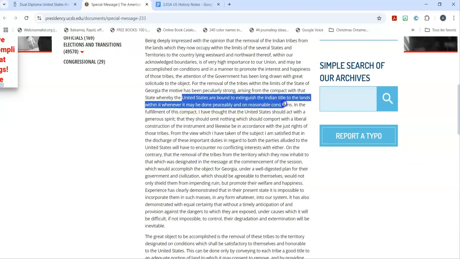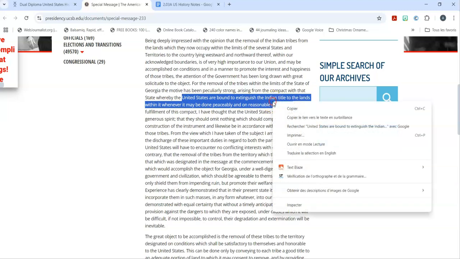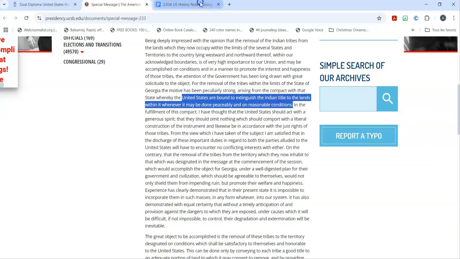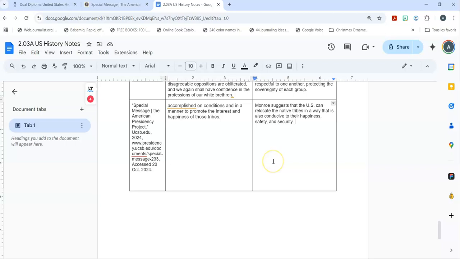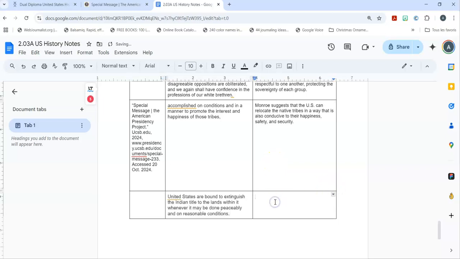So it's saying that we have the authority to strip away their ownership of these lands if we can do it peacefully and reasonably, though the idea of stripping people from their lands is neither peaceful nor reasonable by nature, but that's beside the point for now.